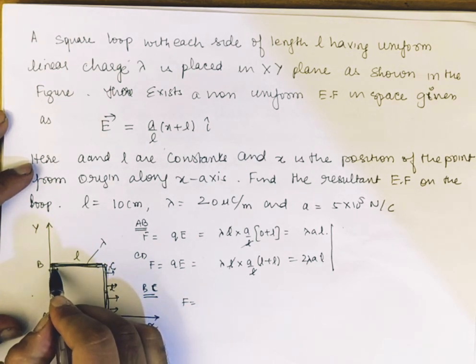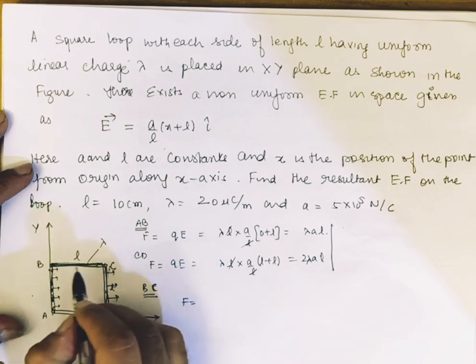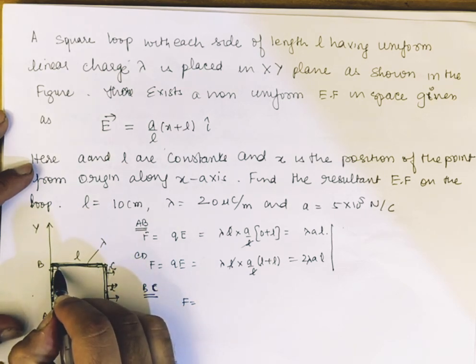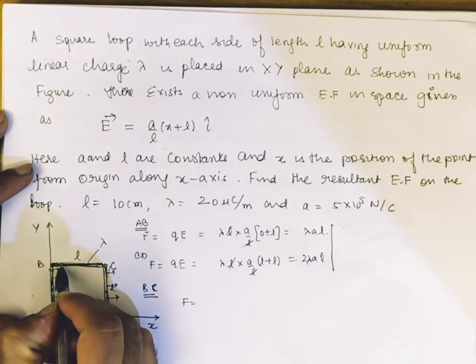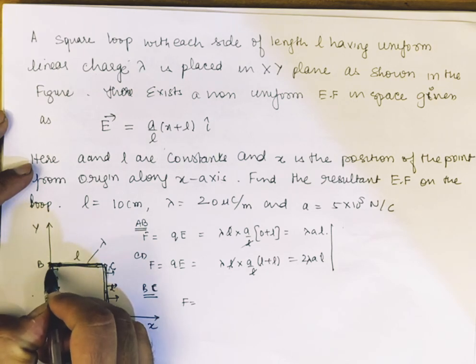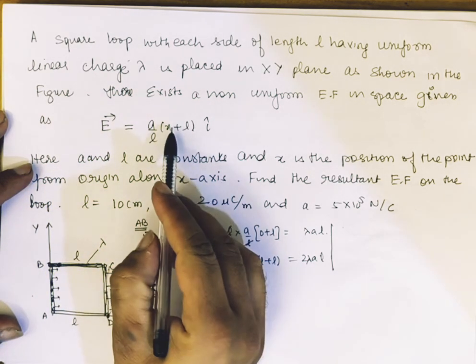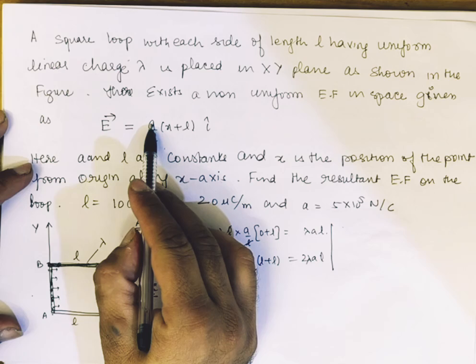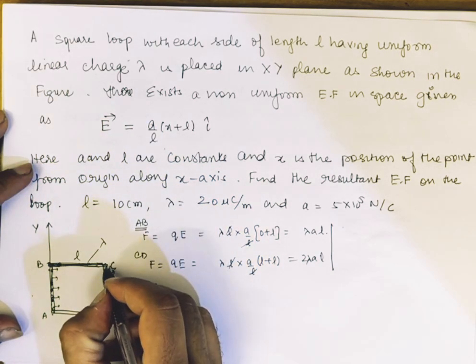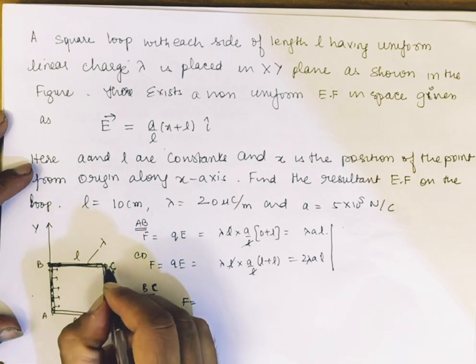And if it is varying along the length BC, then the electric force cannot be directly calculated, because here the electric field is different. Here the electric field was simply A; if I put 0 here, the electric field was simply A. Here the electric field is 2A. So the electric field is increasing along the length BC.